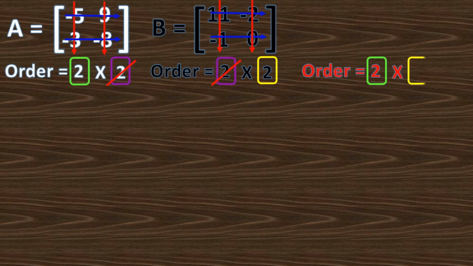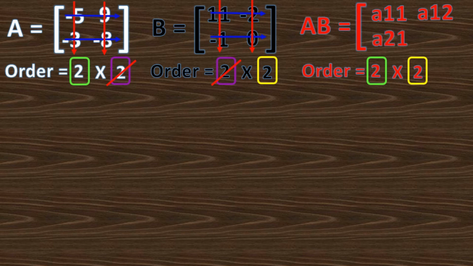So the order of matrix AB will be 2 by 2 and matrix AB will be of the format A11, A12, A21 and A22.